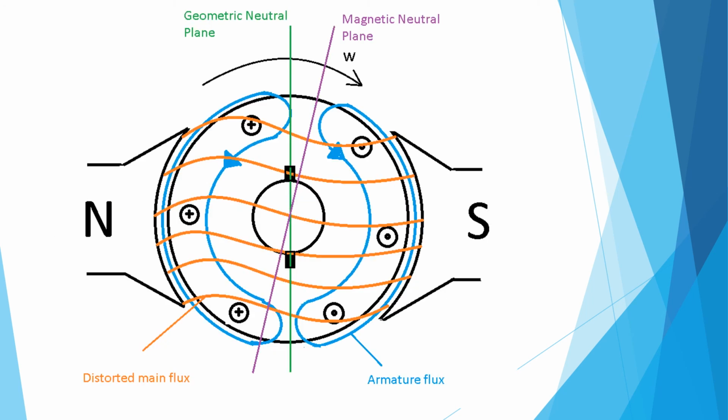So from this diagram you can see it clearly. Distorted main flux, and this one is armature flux.